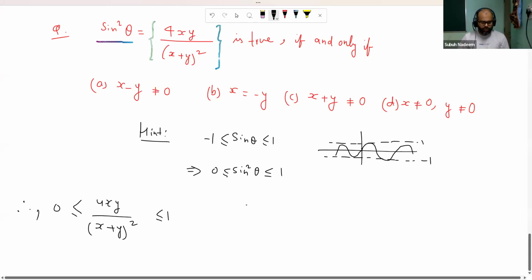So there are two parts. Part one is that 4xy by x plus y whole square is greater than or equal to 0.